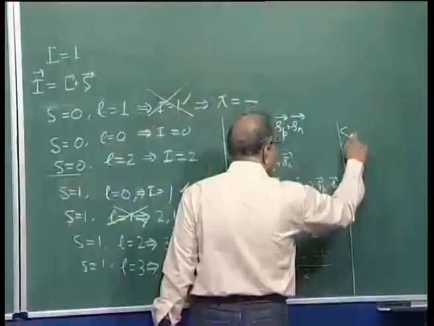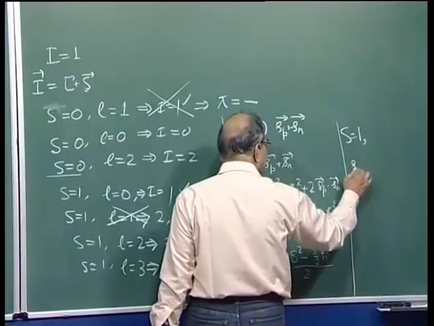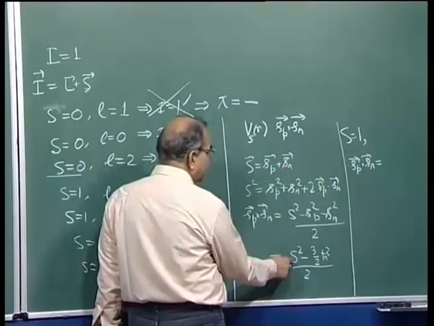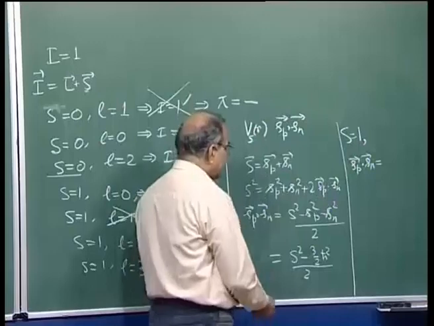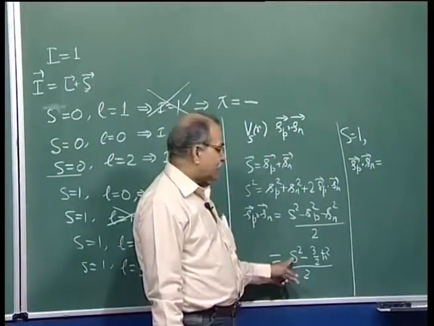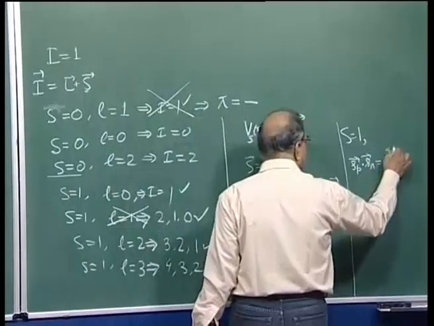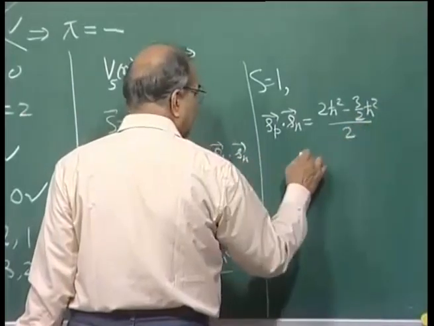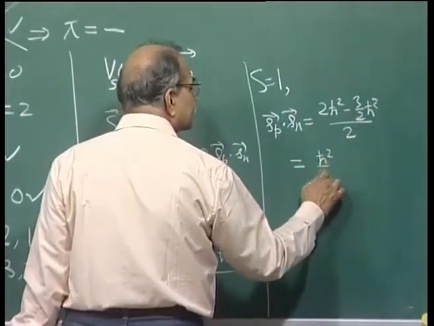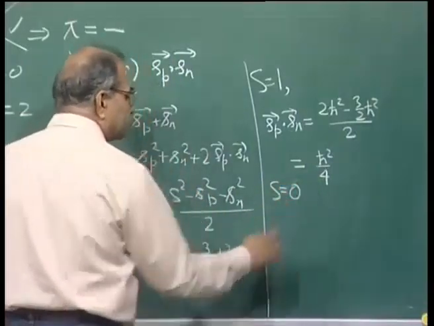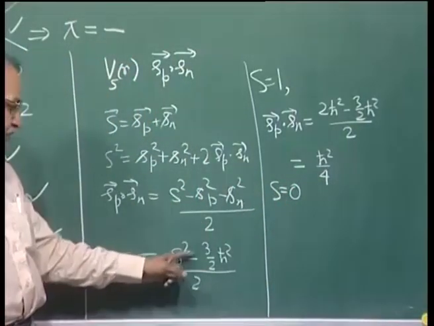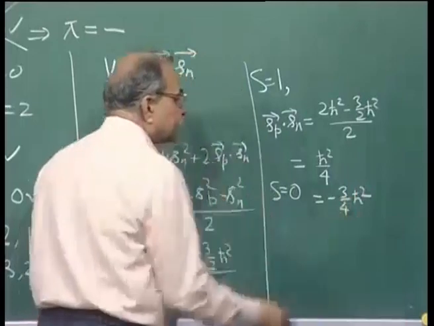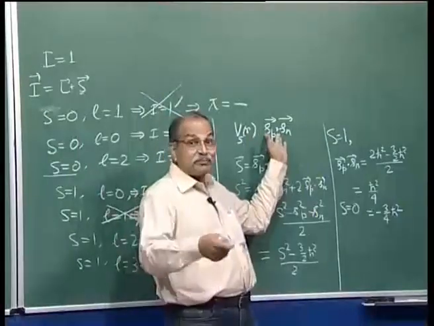So, if S is equal to 1, this quantity Sp dot Sn is equal to, if S is equal to 1, then this is 1 into 1 plus 1 h cross square, this is 2 h cross square. How much is this? And if S is equal to 0, then this side is 0. So, it is minus 3 by 4. So, you can see that this gives you a spin dependence.